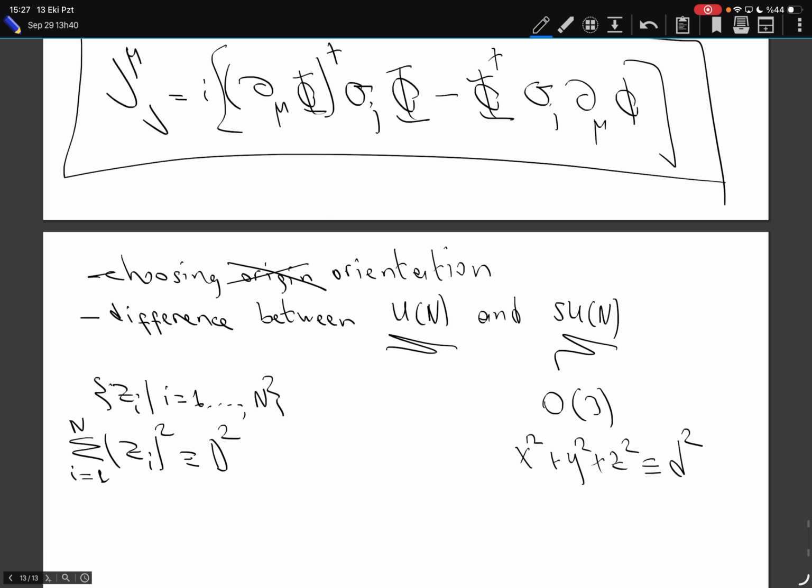For example, what do we mean by rotations? There are the x, y, z coordinates of vectors. You take their squares and sum them up. That is the length of your vector. SO3 is all the transformations of these three numbers, x, y, and z, that leave this invariant, plus the determinant of O should be equal to 1.